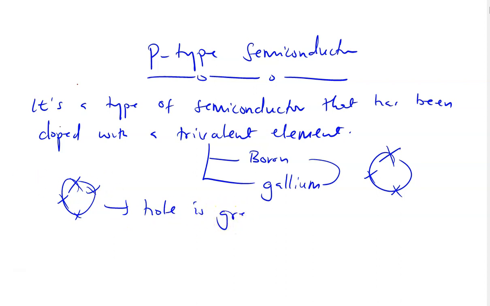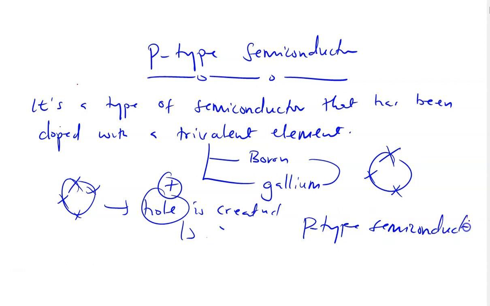You see, a hole is positive, right? In semiconductors, a hole is considered to be positive and the electron is considered to be negative. So once a hole is created, it gives rise to the name p-type semiconductor.